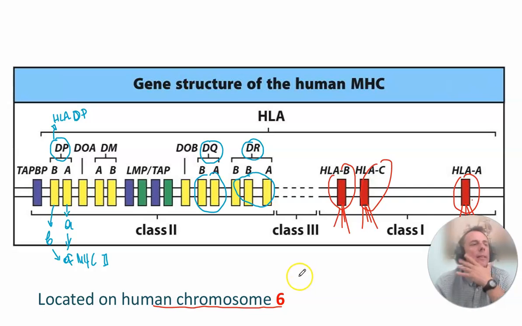So the correct way to say is that HLA DP, DQ, DR are sets of genes. DP and DQ are actually referring to pairs of genes. For DR, in some individuals, we've got an additional gene that codes again for the beta chain.